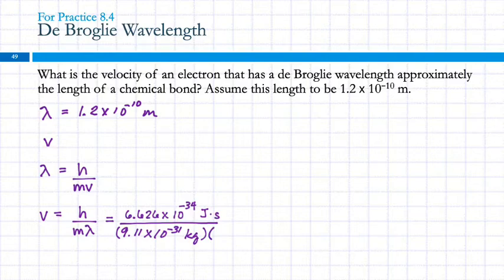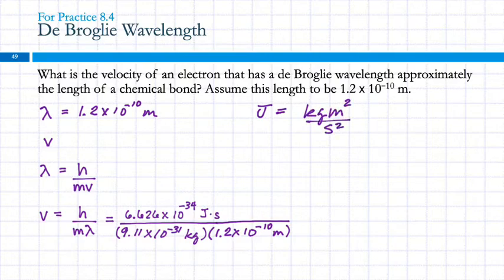And then 1.2 times 10 to the minus 10 meters is the wavelength. The unit on the mass here needs to be kilograms, and I won't be trying to trick you on this one either, but a joule is a kilogram meter squared per second squared. And so we need kilograms for the mass.